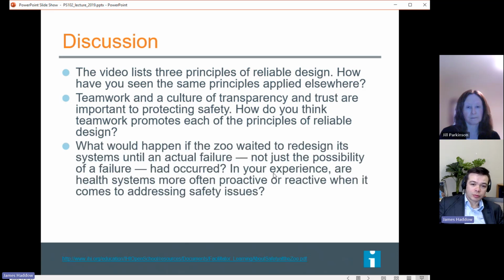What would happen if the zoo waited to redesign its system until an actual... Oh, we've talked about this already. Yeah. Well, what would happen is that they wouldn't improve so quickly, and yeah, in health systems, there is a lot of firefighting that goes on. We wait until a fire appears, and then we go put it out, and then we say, okay, what could we have done differently?